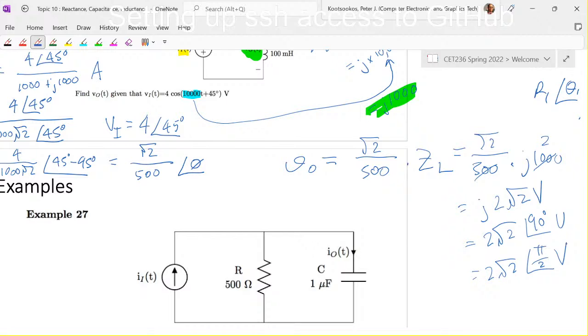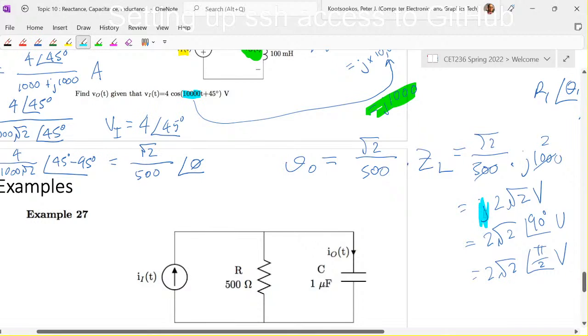Sorry? So there's a j, so it's going straight up in the real and imaginary plane. So the angle that it makes with the x-axis is 90 degrees.